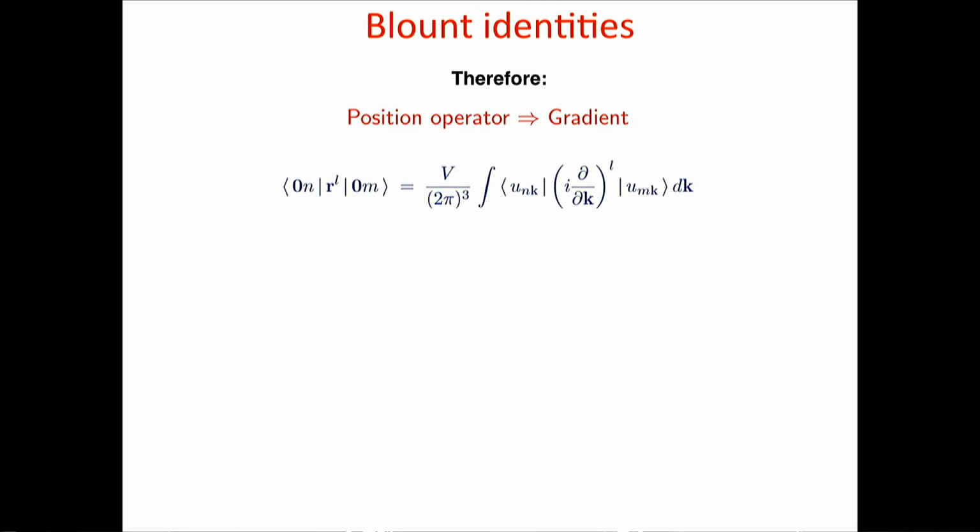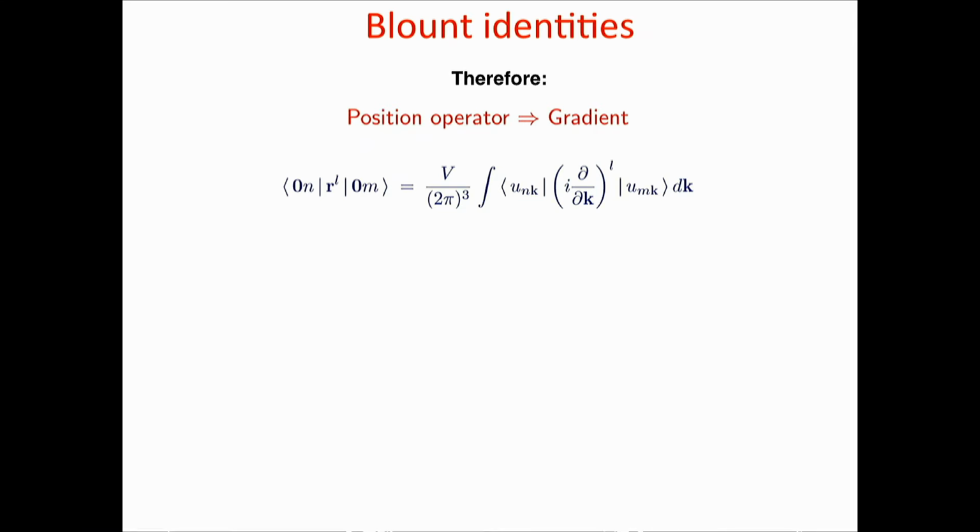So that's the general formula, which is true for many functions. These are called Blount identities. If you want to compute the L-th moment of R, you can do it if you have the periodic part of the wave function obtained from DFT, for instance, by just computing gradients over K space.